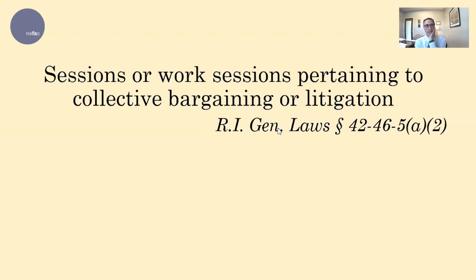So if you have a public body that has been sued, then that's a matter of public record. And there's no reason why the public body shouldn't be identifying, "We hereby vote to meet in executive session to discuss litigation identified as John Doe versus us, public body."